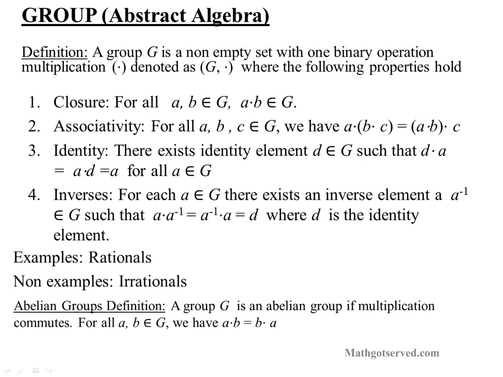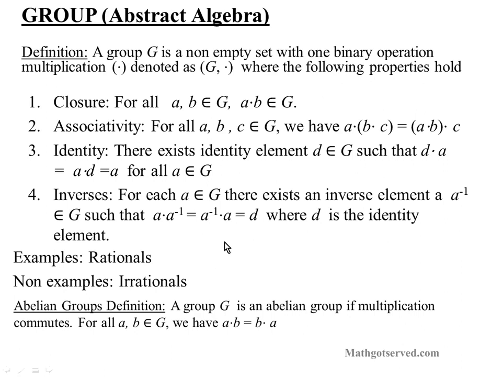And one last thing I wanted to highlight is a special type of group known as abelian groups. Okay, that word abelian simply involves the commutative property. Notice we didn't talk about the commutative property in our conditions. All right, so a group does not have to satisfy the commutative property.